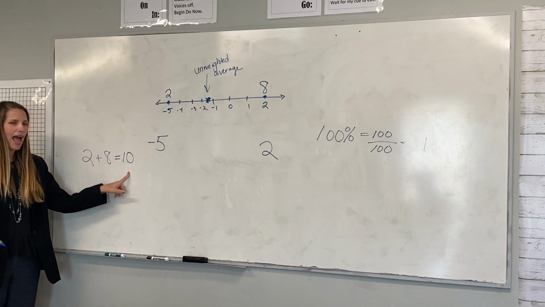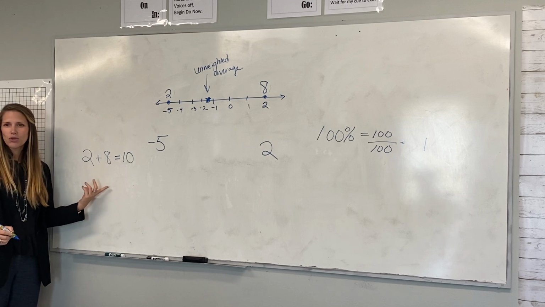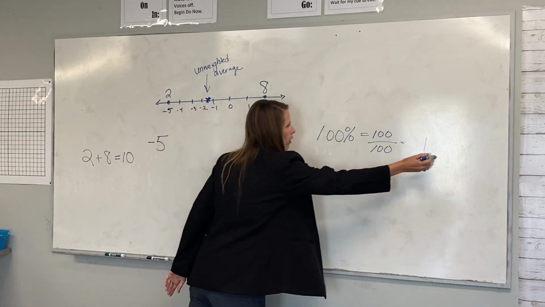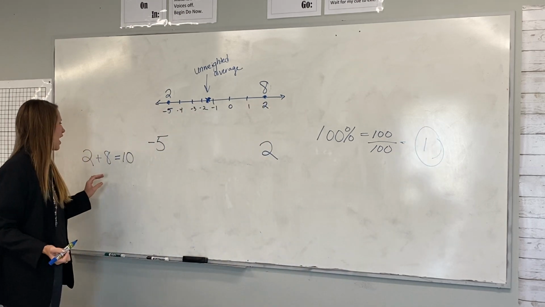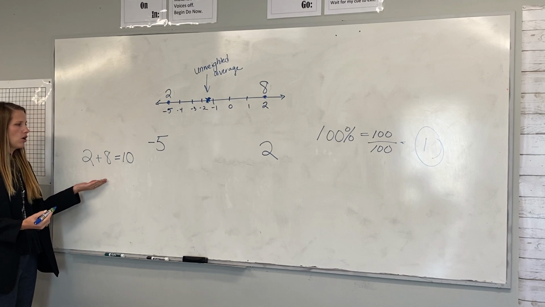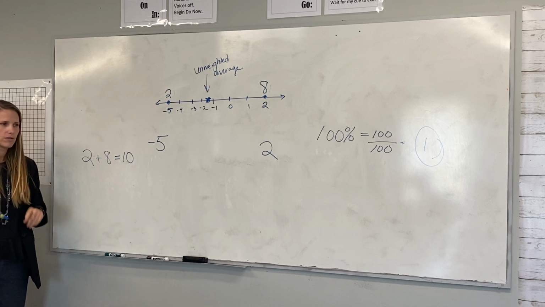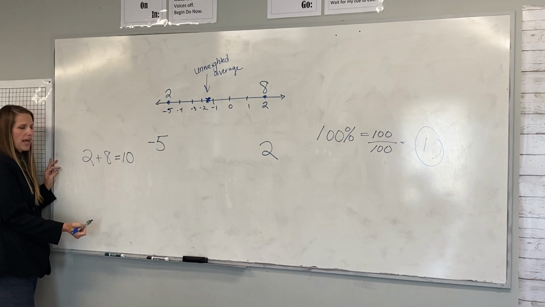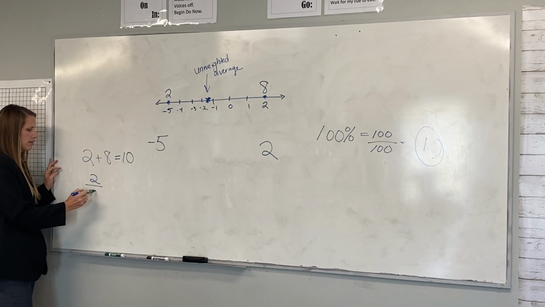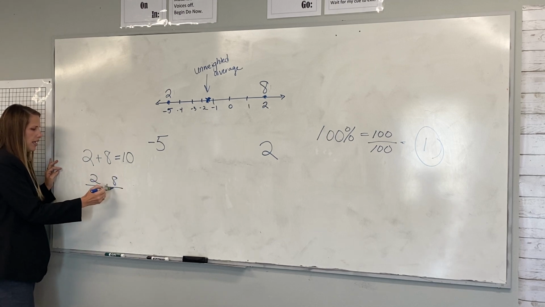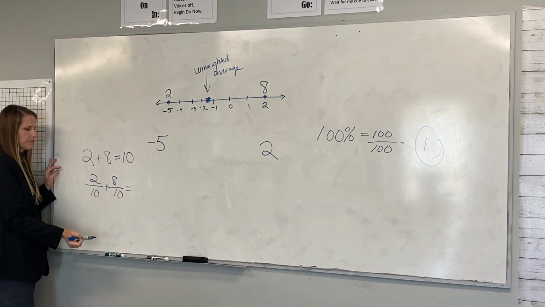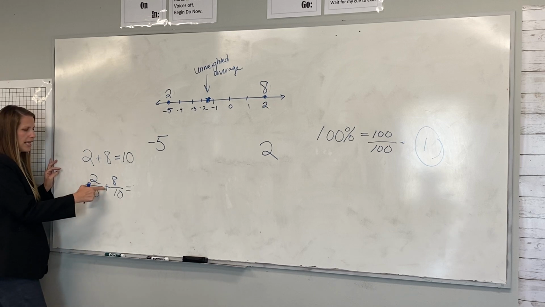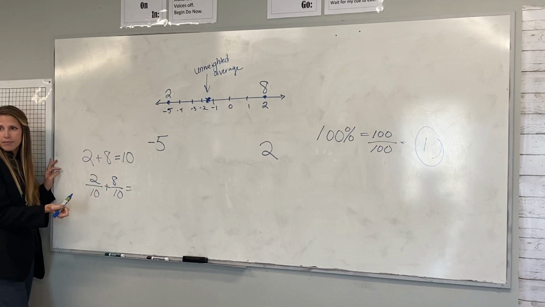Now I'm going to show you how to add these so they add up to the whole thing, which can be represented by the number 1, right? How do I show it so that they can be adding up to 1? Watch this. If 2 plus 8 is 10, 2 tenths plus 8 tenths equals what? 10 tenths.